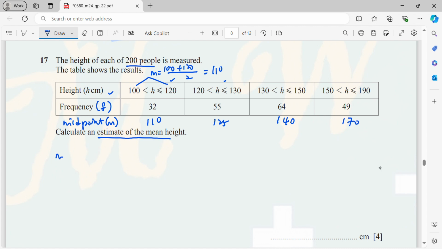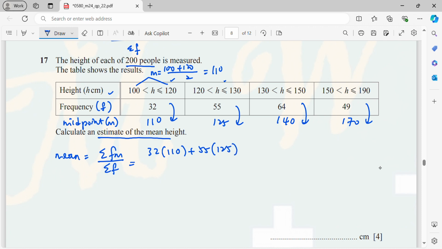Okay, so the mean is basically summation Fm over summation F. That is going to be multiplying the F together with the M. Just multiply, then divide by the total F. This is the total F, 200. So I will be getting 32 times 110 plus 55 times 125 plus 64 times 140 plus 49 times 170, then over 200.